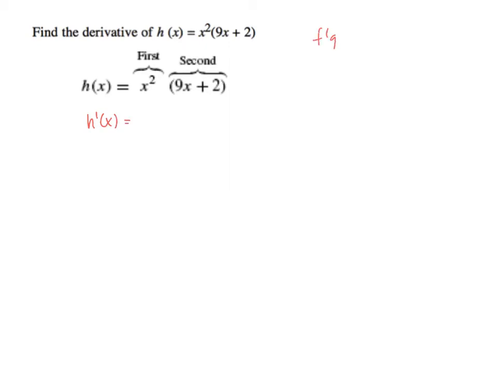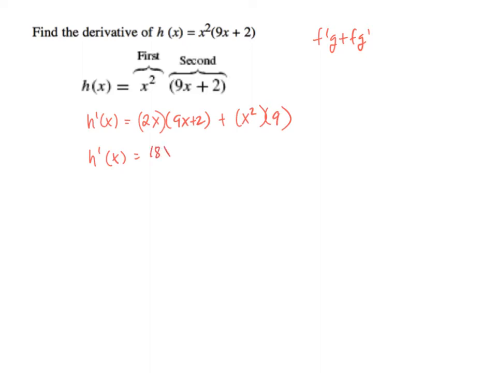So f prime g plus f g prime, which would mean I would have 2x times 9x plus 2, plus x squared times 9. And in order to compare my answers, at this point I could distribute and combine like terms.